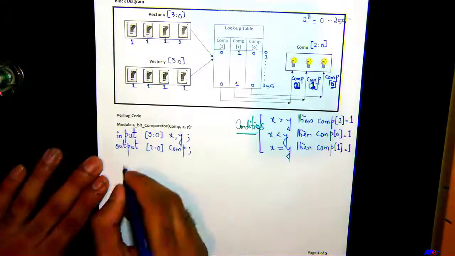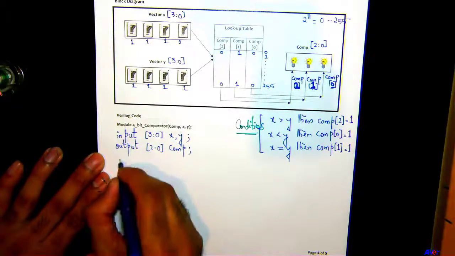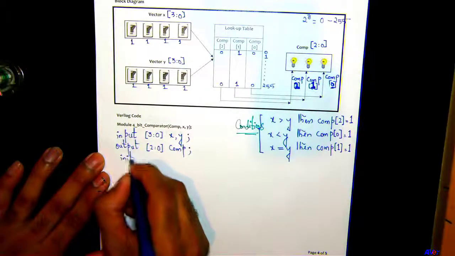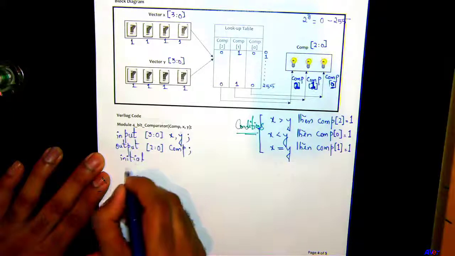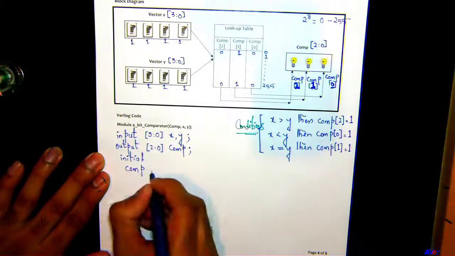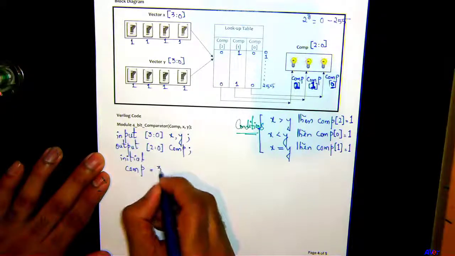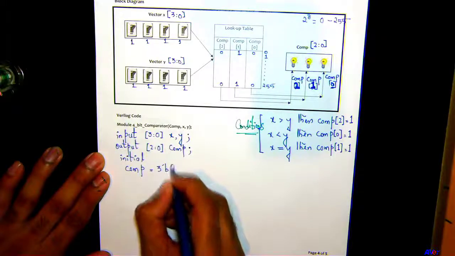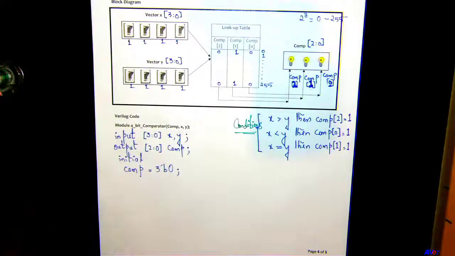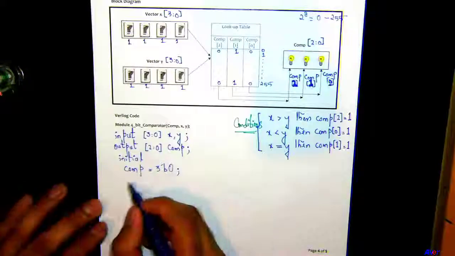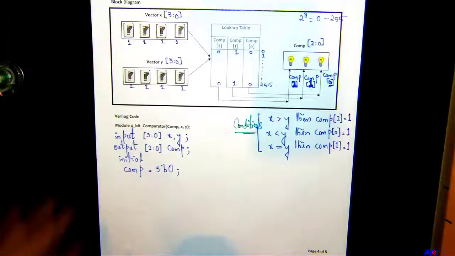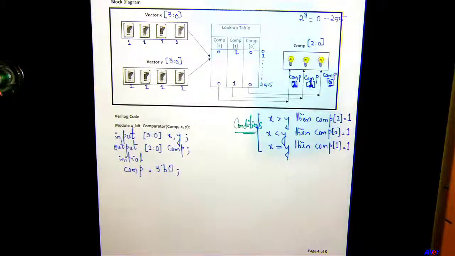We can begin with saying initial comp equals 3'b0. We want those light bulbs initially to be 0, so we say initial comp equals 3. Why am I saying 3 here? Because we have 3 light bulbs.